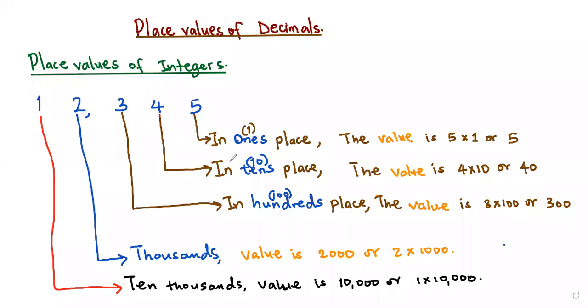Now, since this is the place value of integers, let's try to combine it to make the place values of a decimal number. Let's say we have our original number, 12,345.